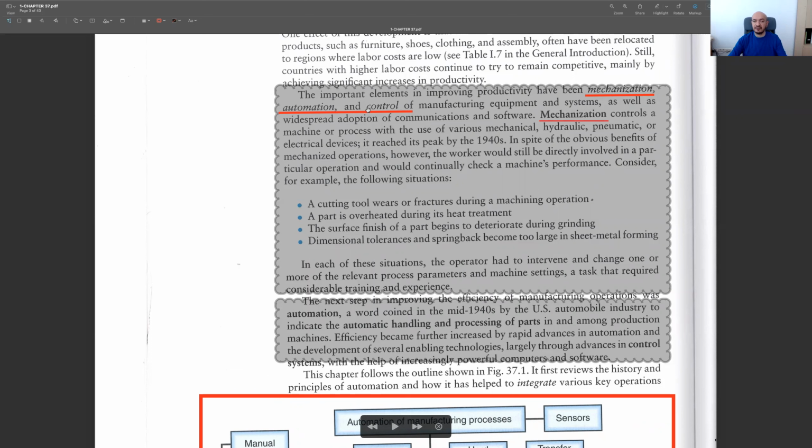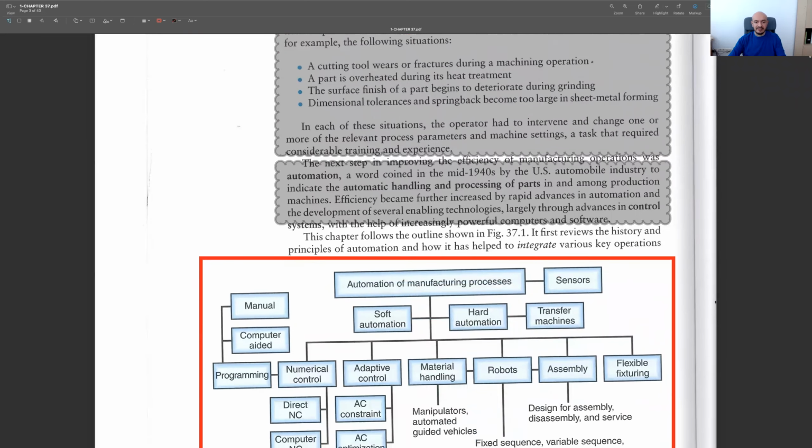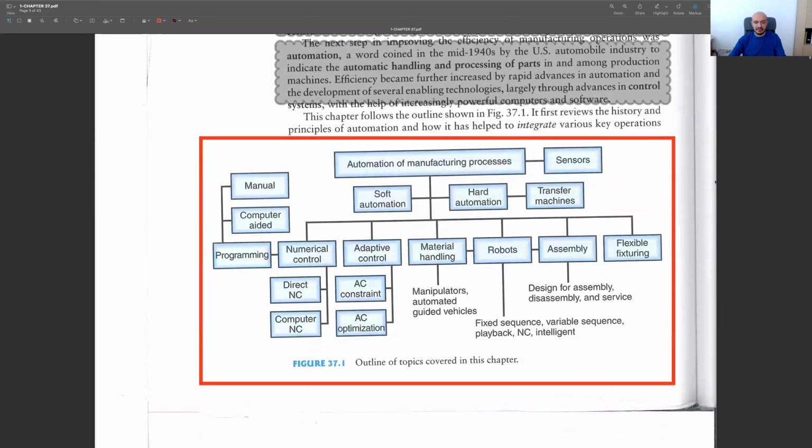But if you apply control systems, an open loop control system or a closed loop control system, then you make sure that your machine will act according to your requirements, according to your specifications at the beginning of the process. And in this chapter, as I mentioned, we will be focusing mostly on automation.